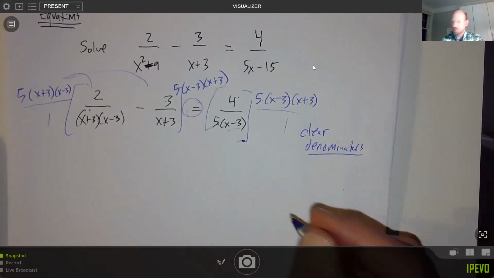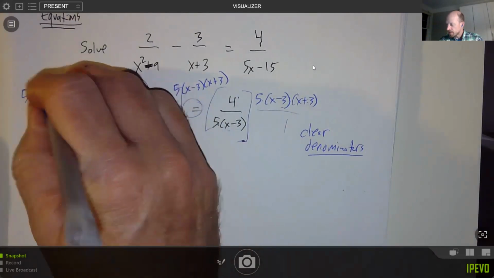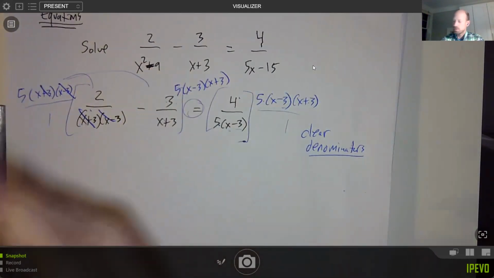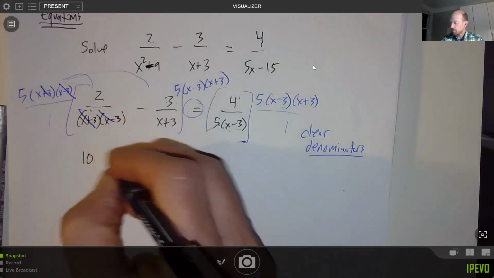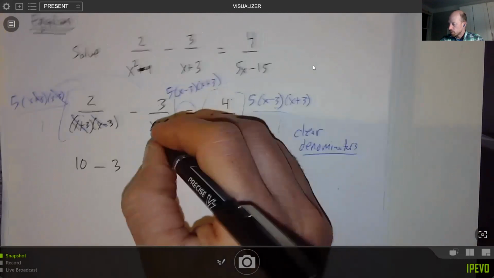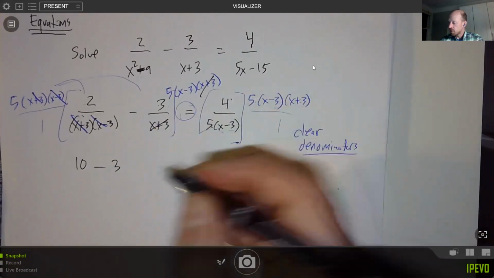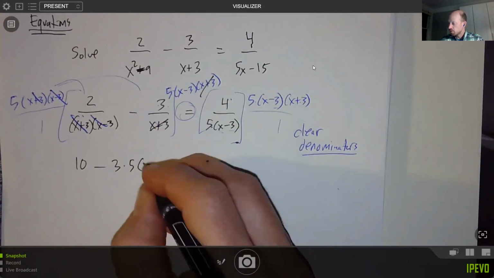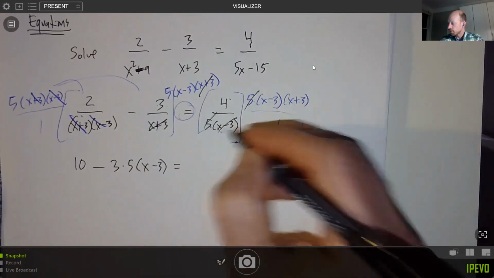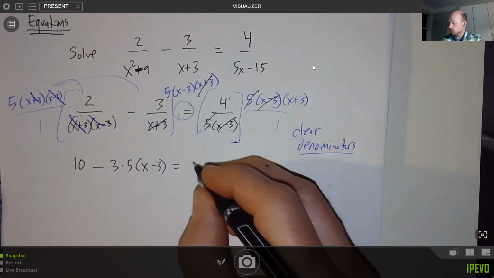I'm just going to get rid of them. Because one's on the top and one's on the bottom, they're going to cancel. I'm just going to get 5 times 2, which is 10. Here the x plus 3's cancel. And here the 5 and the x minus 3's cancel.